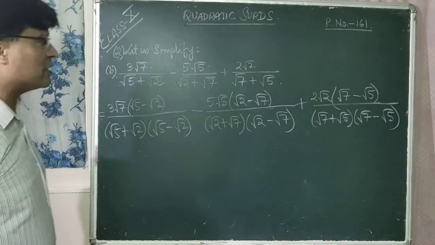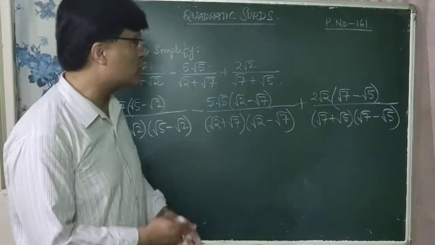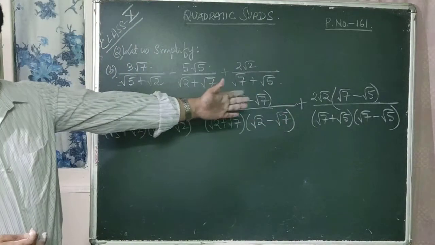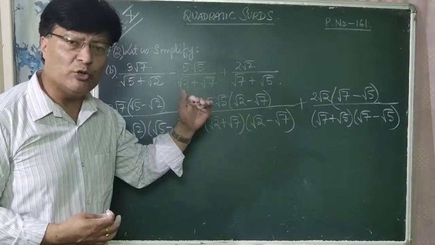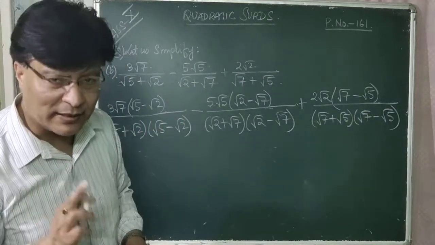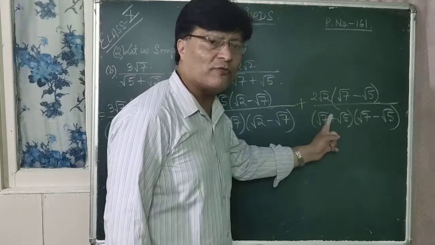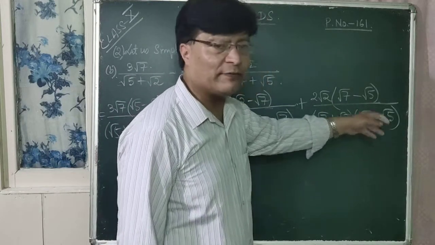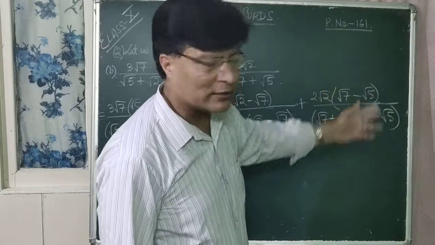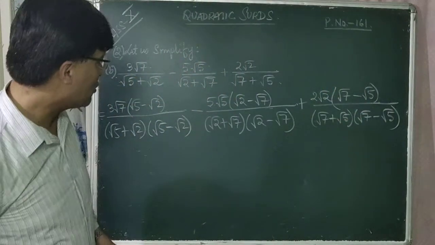So what is the rationalizing factor of root 7 plus root 5? It is root 7 minus root 5. That means you have to multiply both numerator and the denominator by the rationalizing factor of root 7 plus root 5, that is root 7 minus root 5. Is that clear? So you can copy it.